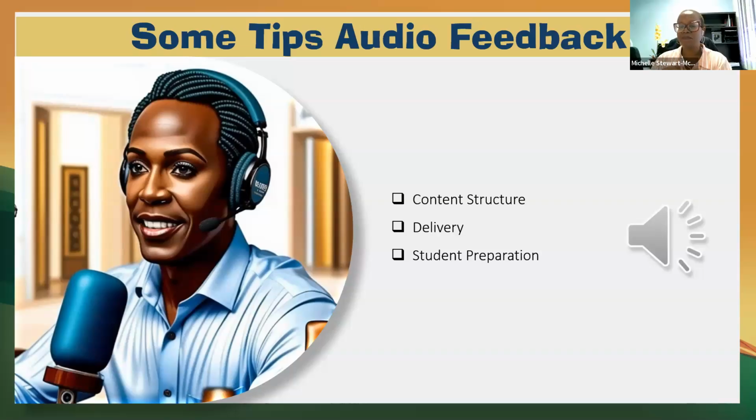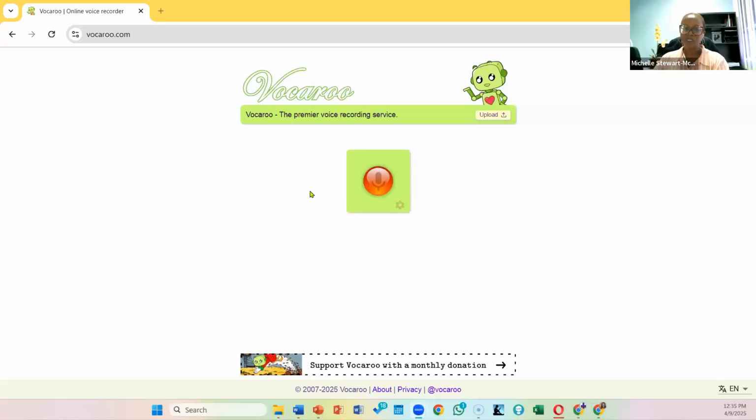All right. So what we're going to do, we're going to jump across to Vocaroo. What you would do, you would go to vocaroo.com. So here I am at vocaroo.com. As you can see, the interface is very simple. Now, remember, we are focusing on audio feedback, but you can use the platform for any kind of audio recording that you want.